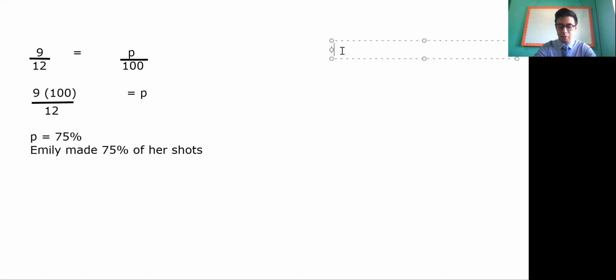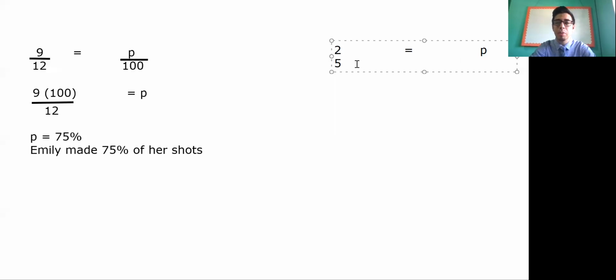So I'm going to replace the numbers here. This is 2 over 5. 2 is going to be equal to P, this is the variable, right? And 2 is divided by 5.